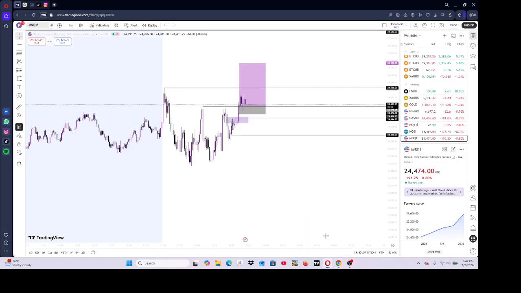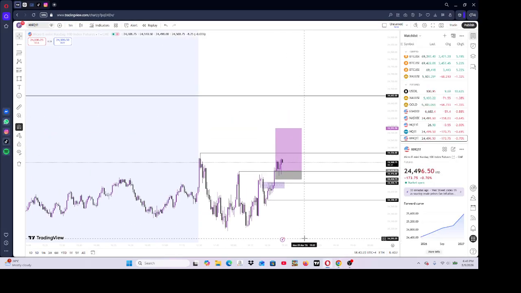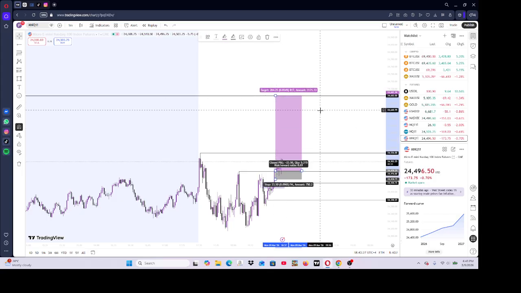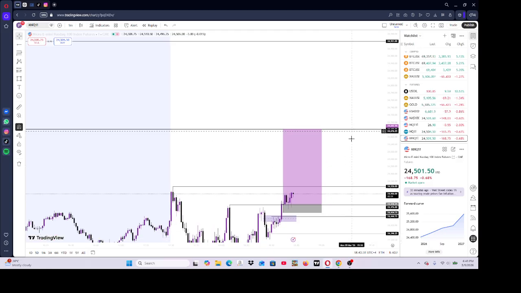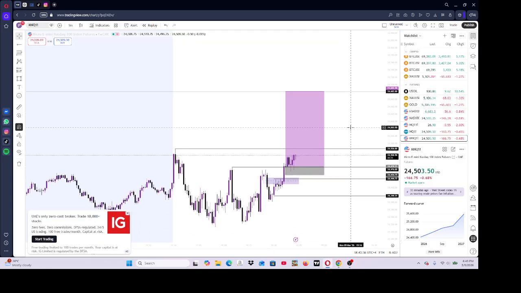Let's wait. What does the market want to give us? Should wait for the move. I want to target these highs. It's unrealistic for me to target that. Let's hope for the best in the market.